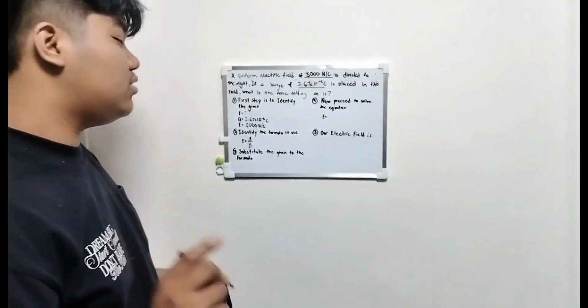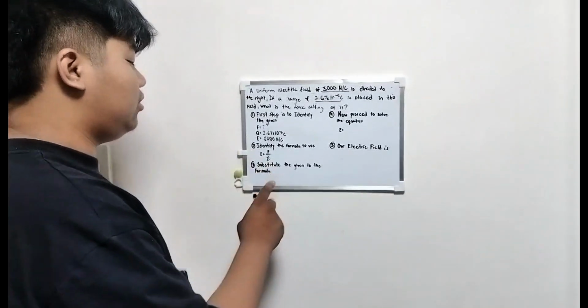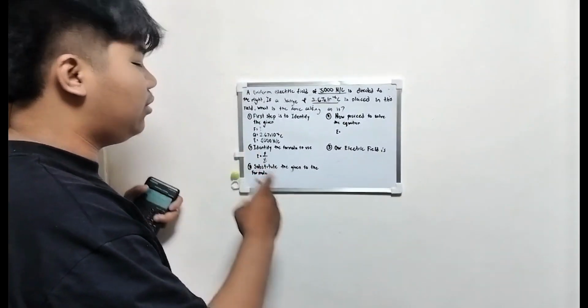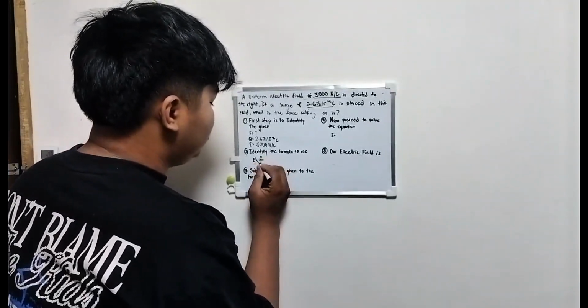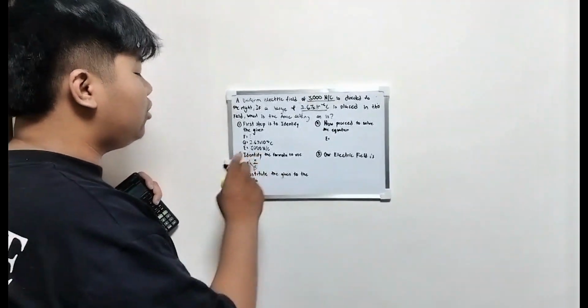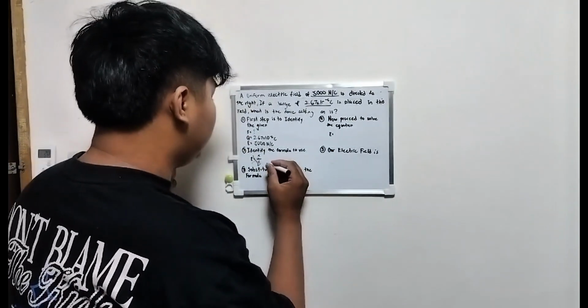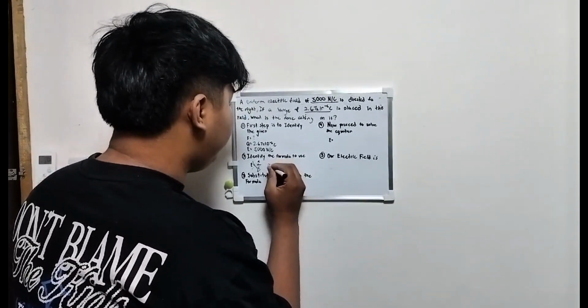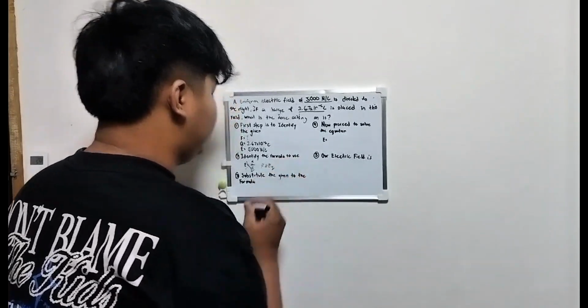Now, for the second step, we need to identify the formula to use. We will still use the formula E equals F over Q, but we will need to crisscross the formula in order to get the right formula when finding our electric force. So it will become F is equal to electric field times charge.